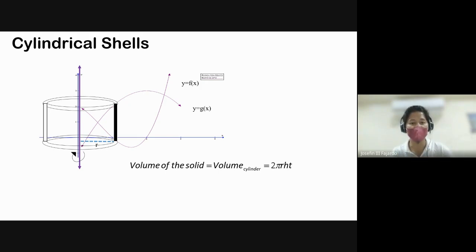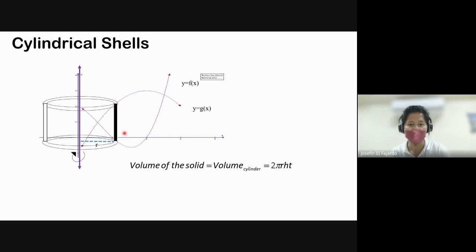So what we need to identify here is what r is. In this case, it is the distance from the axis to the element of area. The h is the usual y; in this case, since it is vertical, it is y up minus y down.